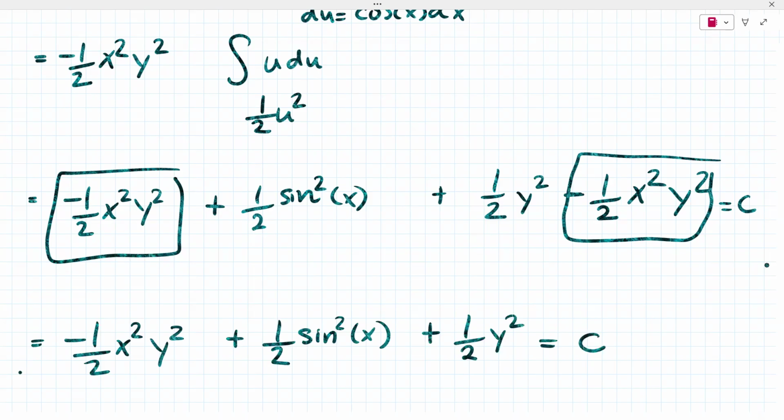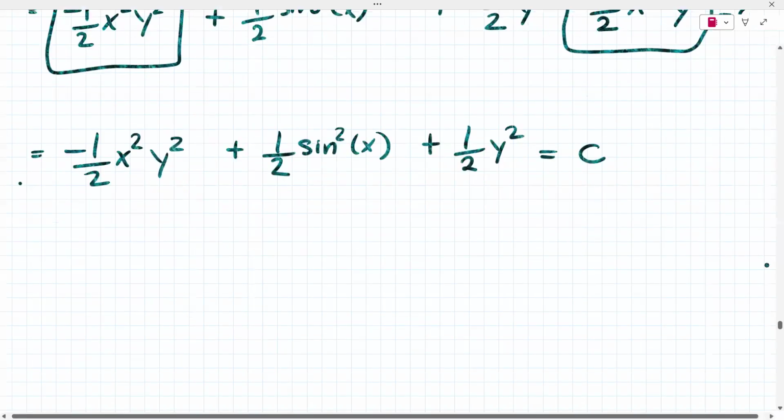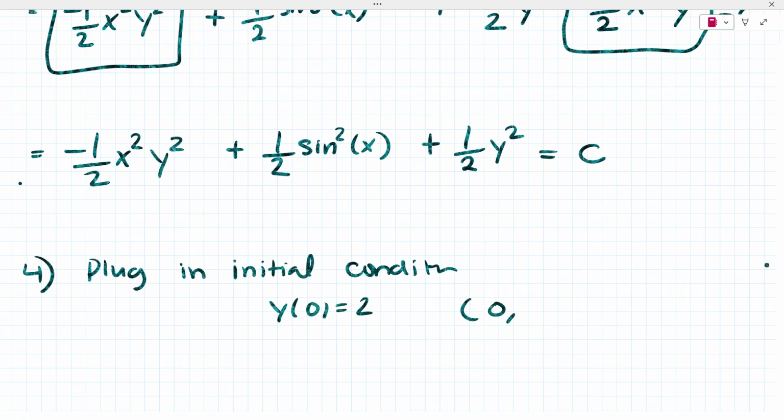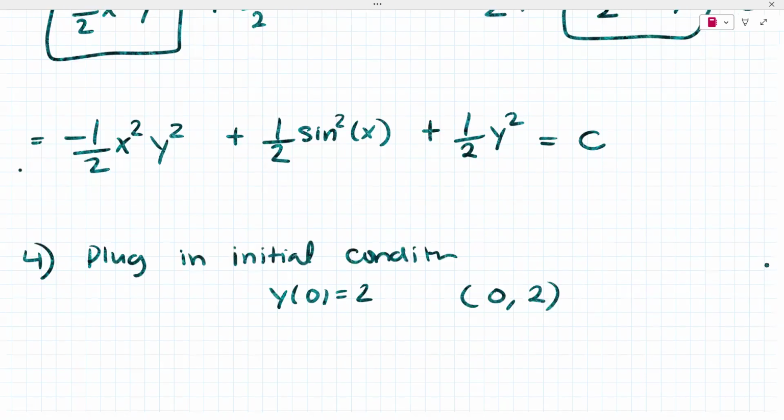And then what do I do next? Do we have an initial condition? Yes, we do. So step 4 is, again, your initial condition. So we have y of 0 equals 2. So that really means your x coordinate is 0, your y coordinate is 2.